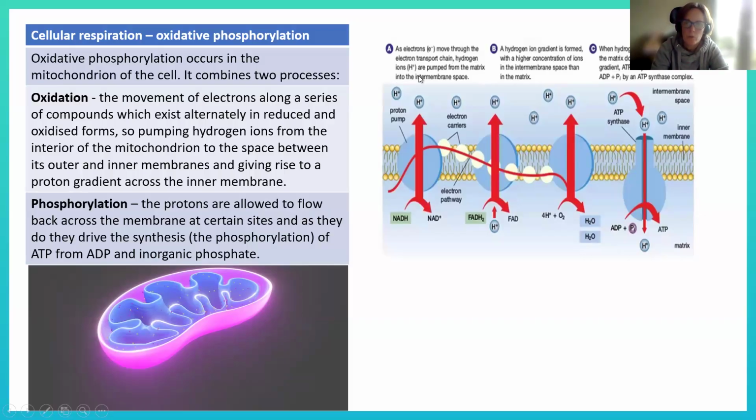Hydrogen ions, we talked about ions last session, are pumped from the matrix into the intermembrane space. And then the hydrogen ion gradient is formed with a higher concentration of ions in the intermembrane space than in the matrix. And then the hydrogen ions flow back across, down the concentration gradient. And that results in this ATP molecule being produced from ADP.